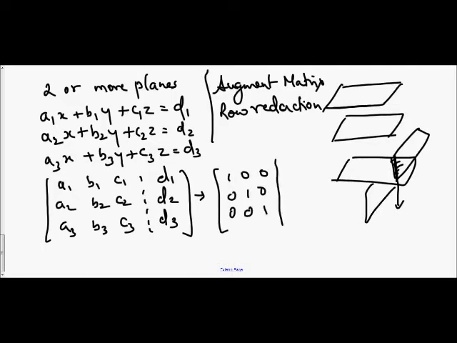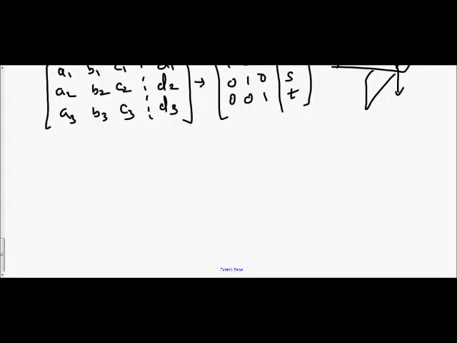and you might have some numbers like say R, S, and T. Okay, so if it is in this form 1 0 0, 0 1 0, 0 0 1 and R, S, T, then the point of intersection is nothing but the values which you get in the last column, R, S, T, if you are able to bring it to this format.